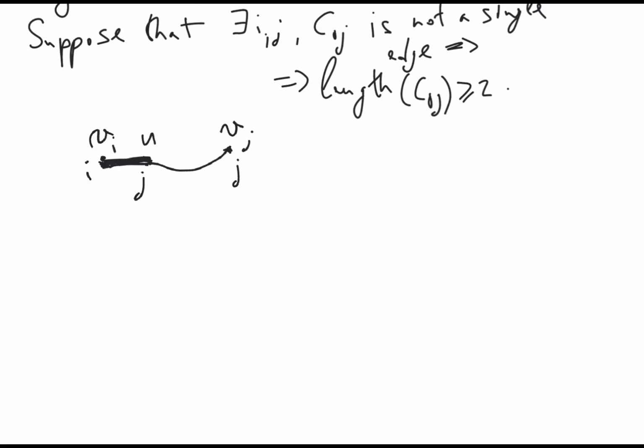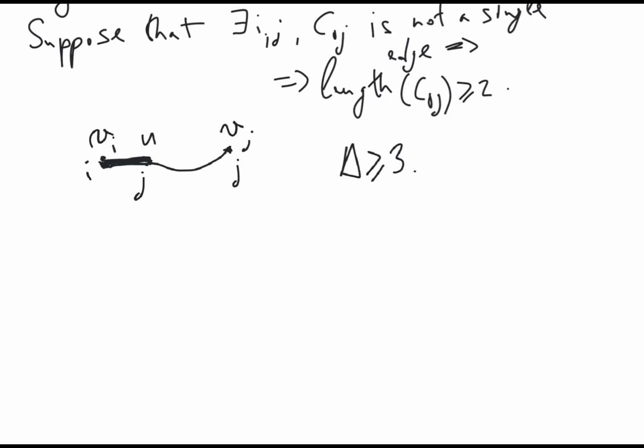Now we will use that delta is at least 3. You remember that at the beginning of the proof we separately considered the cases of small delta, when delta is equal to 0, 1 or 2. So for the remainder of the proof we assumed that delta is greater than or equal to 3.